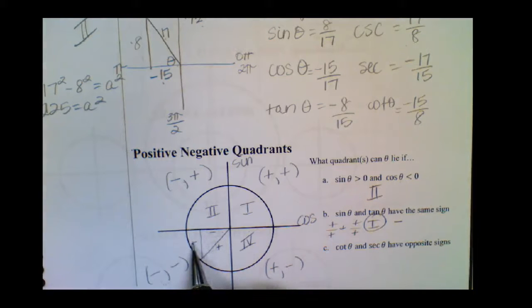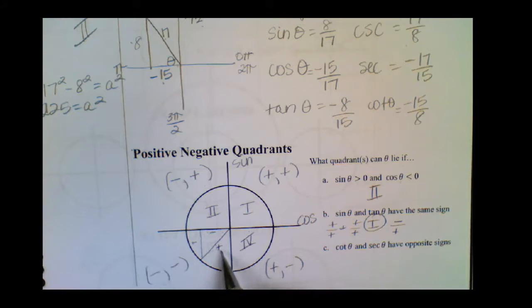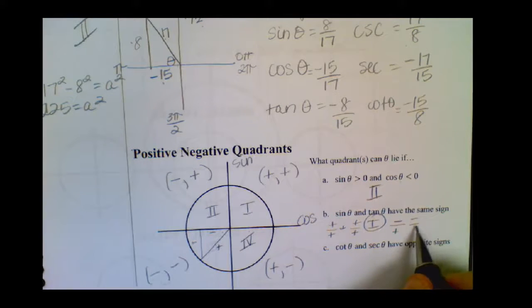My opposite is negative, and my hypotenuse is positive, so that gives me a negative. And then my tangent would be opposite over adjacent, which is negative over negative, which gives me a positive. So it's not in quadrant 3 either, so that's not going to work.